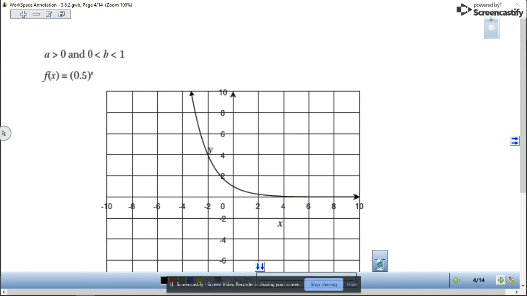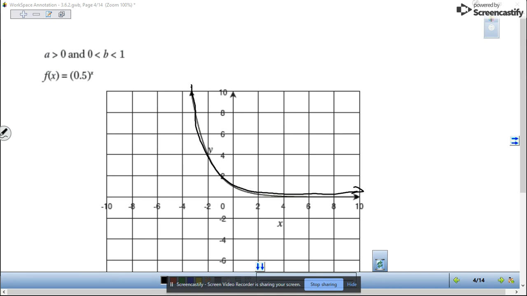But we do have to worry about when it's less than 1, for example, a fraction or decimal that's less than 1. The immediate difference here is that this is starting high on the left, and it is decreasing, still above the x-axis, but decreasing.